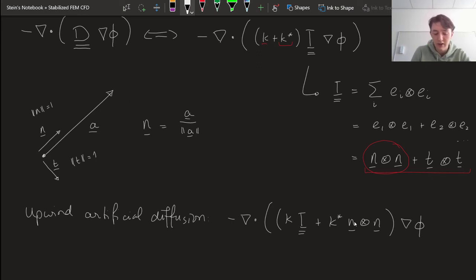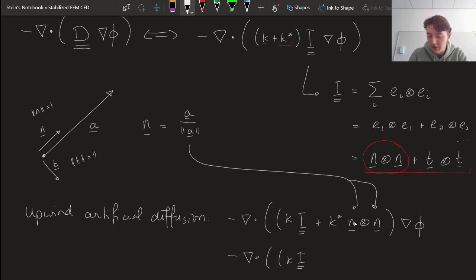Right, and we automatically now have something that we can substitute in there without having to create an orthonormal basis. That's the only one that I want. So I get minus the divergence of kappa, still times the isotropic tensor, plus this artificial diffusion now of a tensor product a normalized.